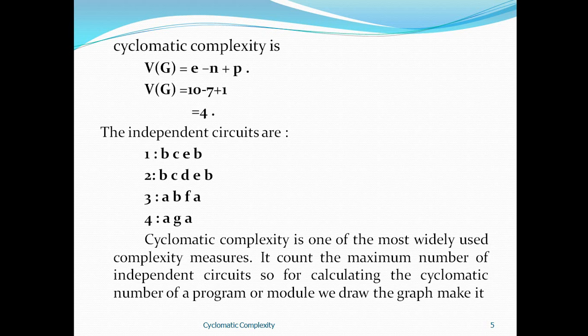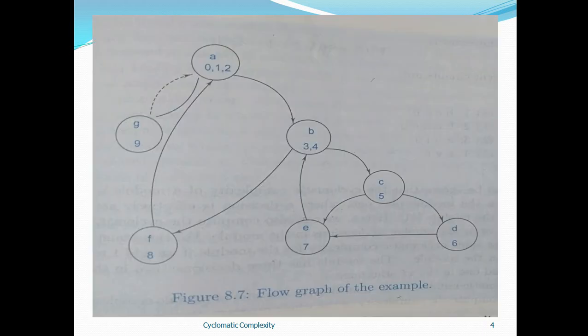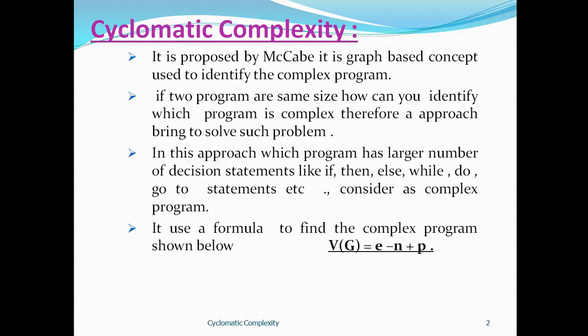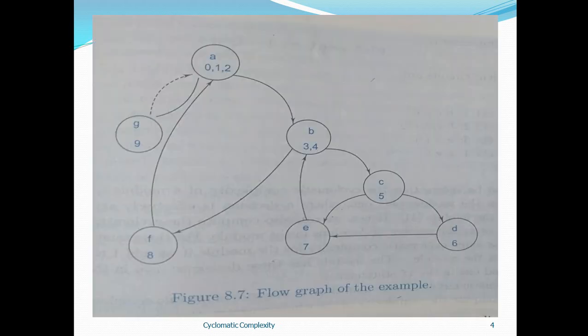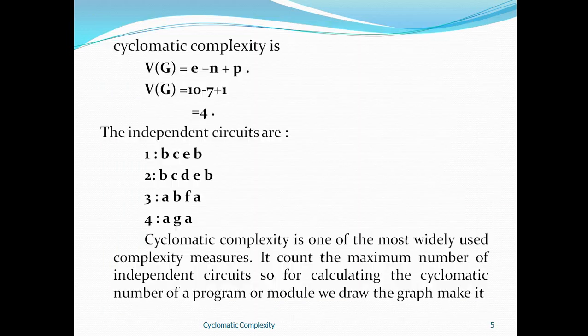These independent circuits may be obtained by using the formula given in the program: V of G equal to E minus N plus P, right?